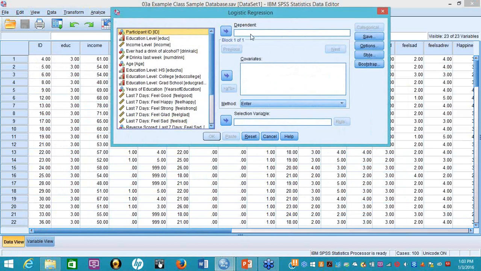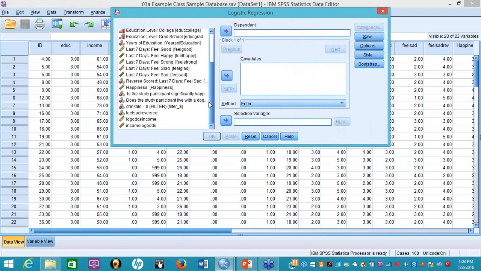So just like linear regression, we put the dependent variable up here. So is the study participant happy? That goes up there. Now where it says covariates, that's where the predictor variables go, even the independent variable, although it's not a covariate variable.